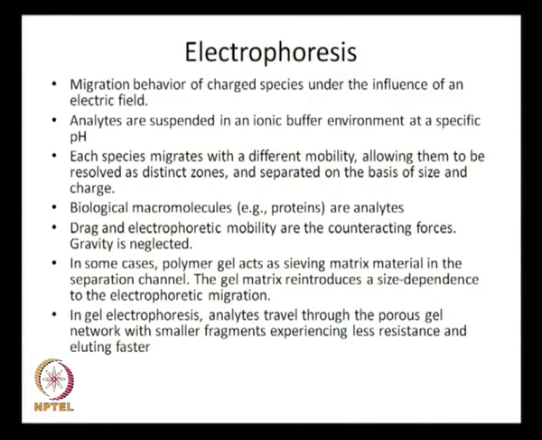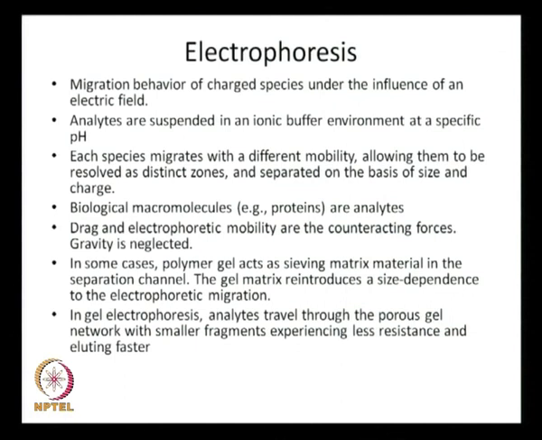So, you are introducing another size dependence, another classification technique within the channel. All right. So, this is referred to as gel electrophoresis. In gel electrophoresis, analytes travel through the porous gel network with smaller fragments experiencing less resistance and eluting faster.